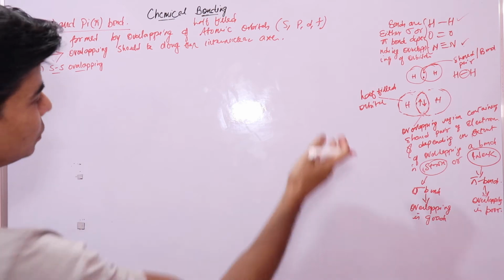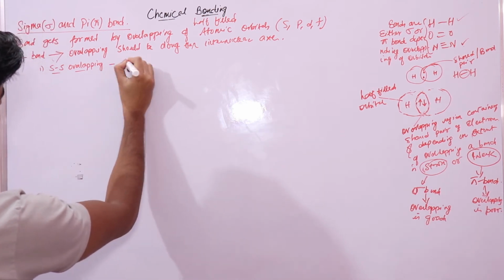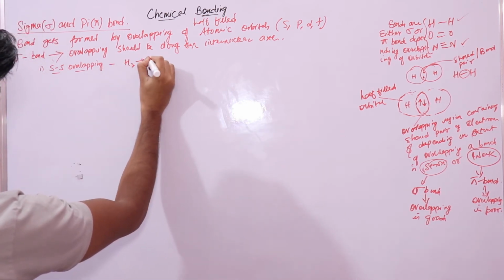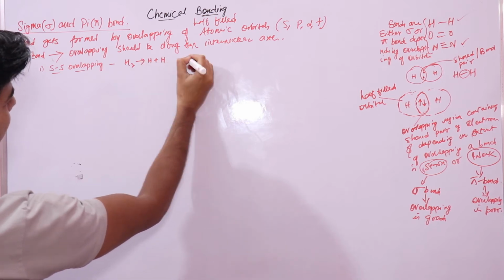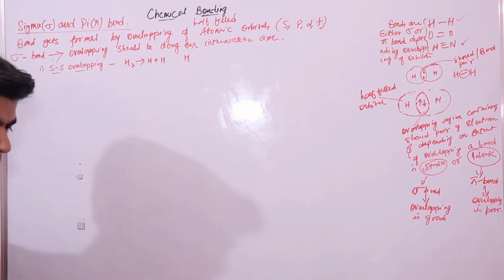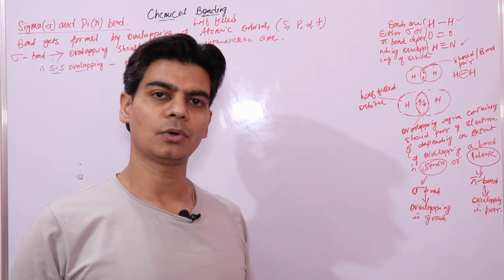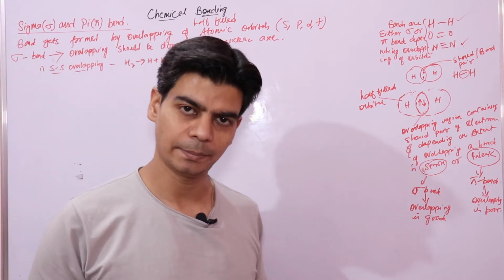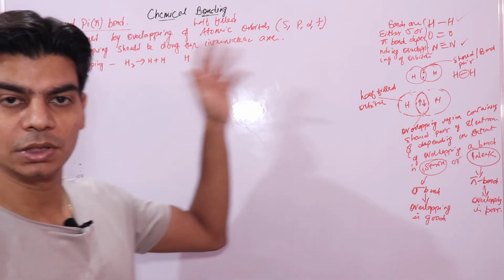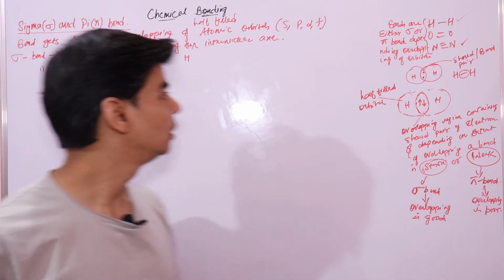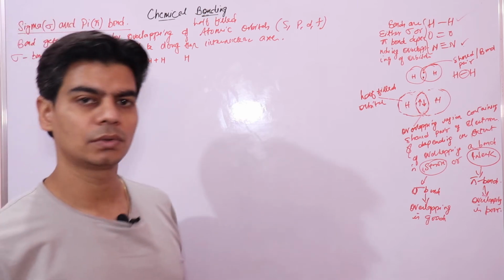The example is hydrogen. We know that a hydrogen molecule is formed from two hydrogen atoms, right? And we've discussed before that in order to understand the overlapping concept, or valence bond theory, you should know how to write the electronic configuration.